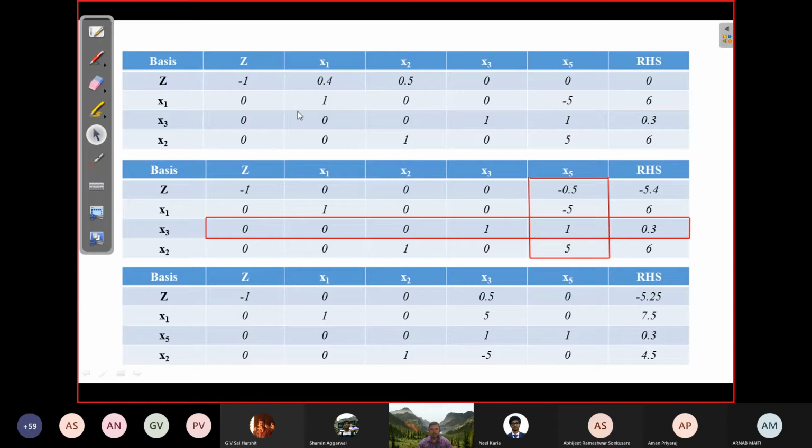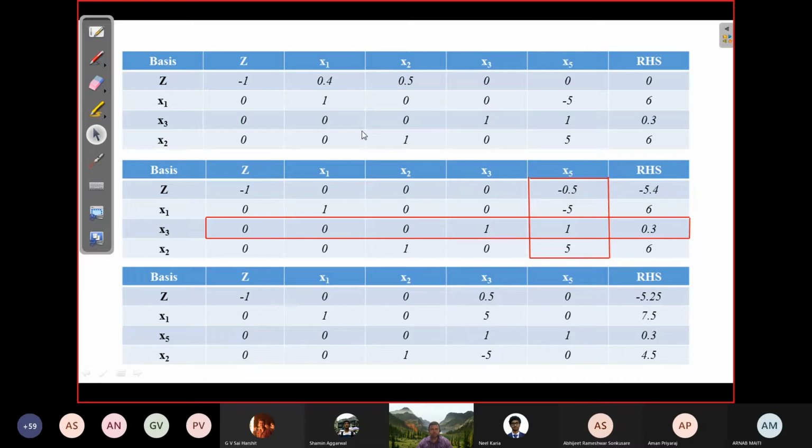Why? Because I know that I have to express the objective row only in terms of non-basic variables. So here, what are non-basic? x4 and x5, right? Sorry, only x5, because x4 and x6 were artificial, so they are gone. We don't report them anymore. So only x5 is non-basic.